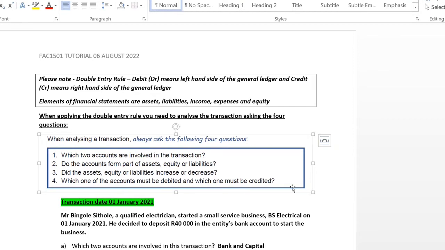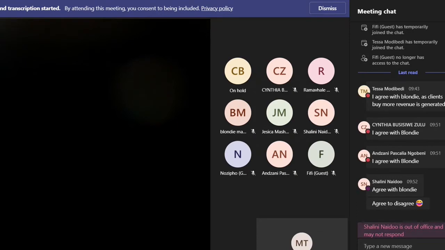We're talking about the sales that happened, the 5,000, the sales account and the bank account. Is the sale of 5,000 going to be debited or credited in the general ledger? And the money that came into the bank account, 5,000, is it going to be debited or credited in the general ledger? That is the question.